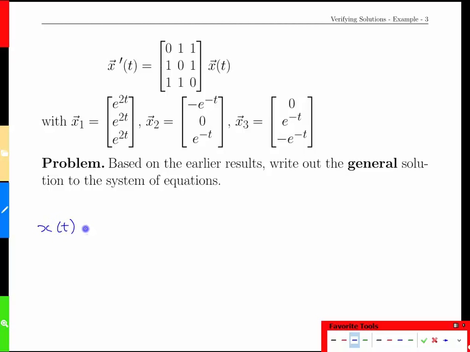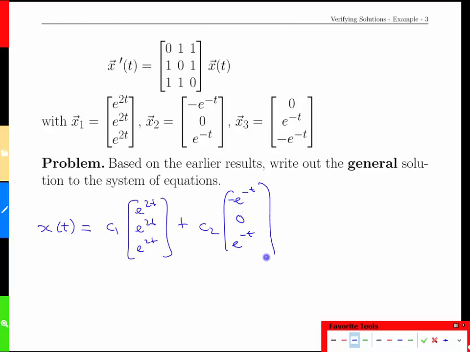Whatever behavior x of t has, it's going to be a linear combination of that e to the 2t stacked together, or possibly some e to the negative t, with the negative out front, 0, e to the negative t here, plus c3 times this vector, e to the negative t, negative e to the negative t.